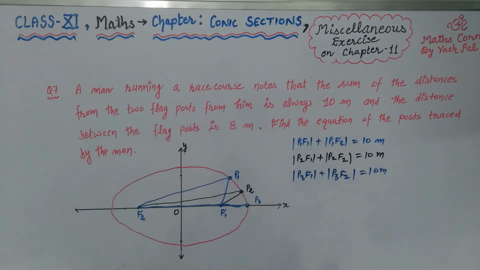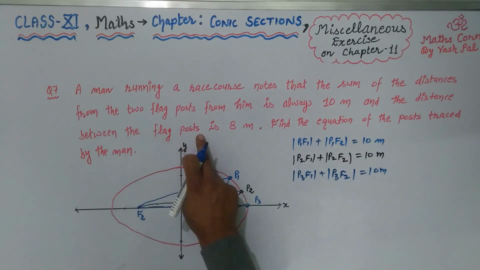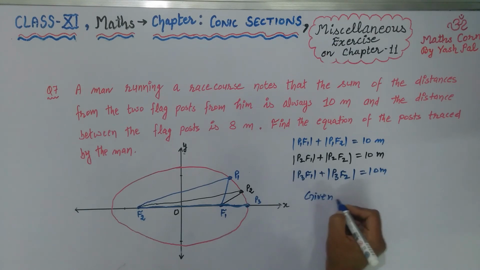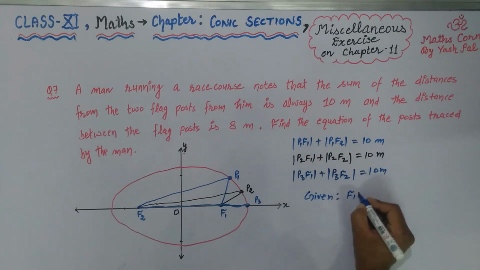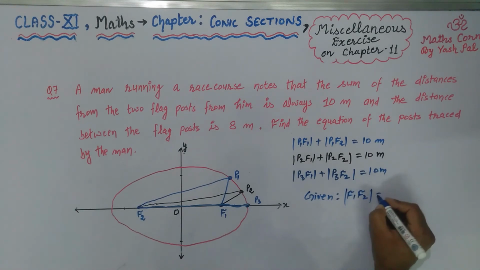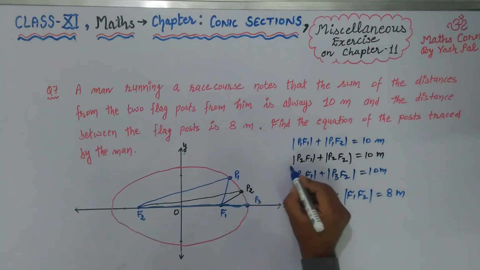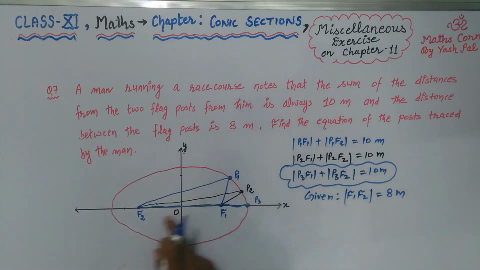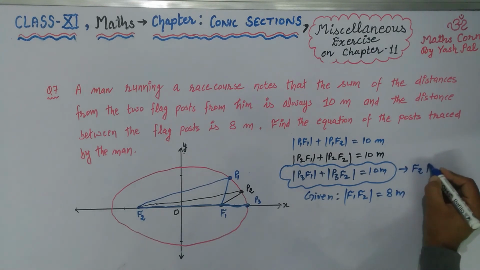Now what we see here is that it is given that the distance between the flag posts, F1 to F2, is 8 meters.